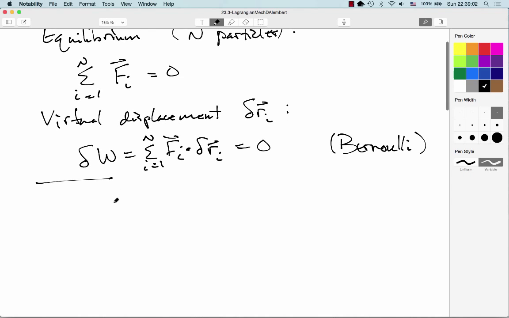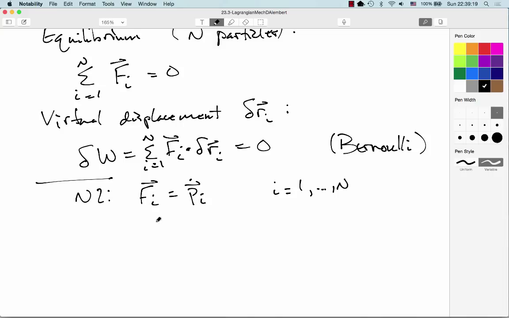is he extended this idea. If we start with Newton's second law, that says that Fi equals Pi dot, again for i being 1 to n.